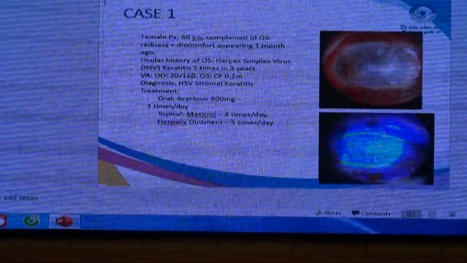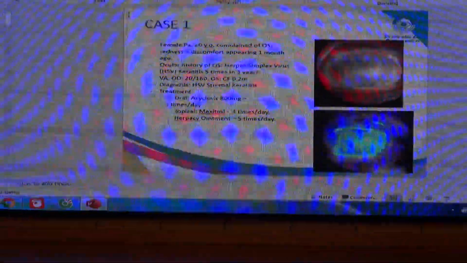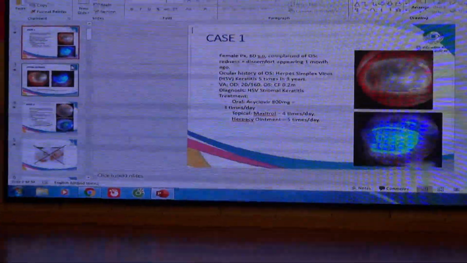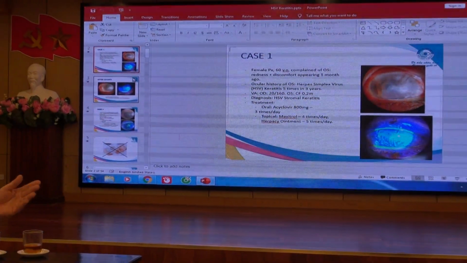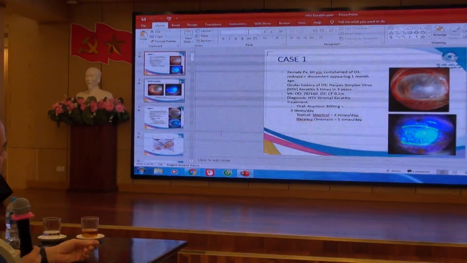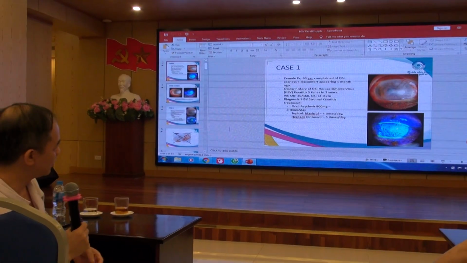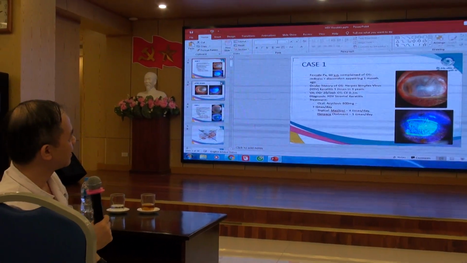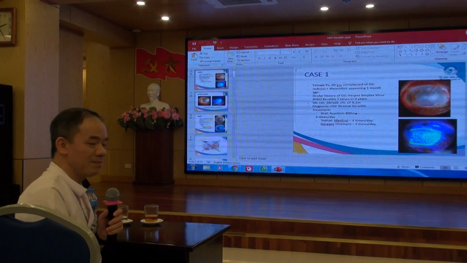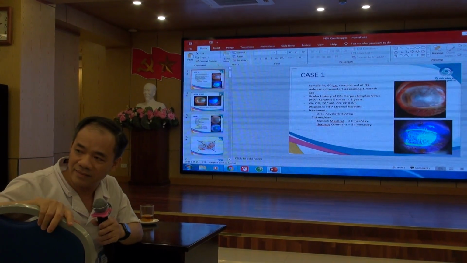What is the gold standard for diagnosis? So, Dr. Sam, for example, this case with such size, why did you diagnose it as herpes simplex virus keratitis?